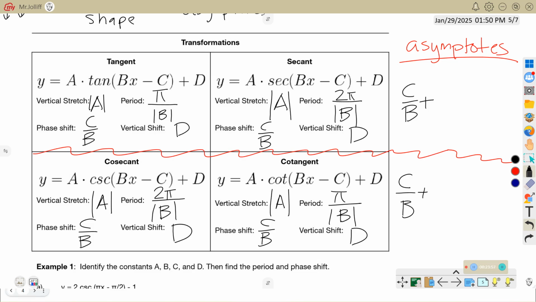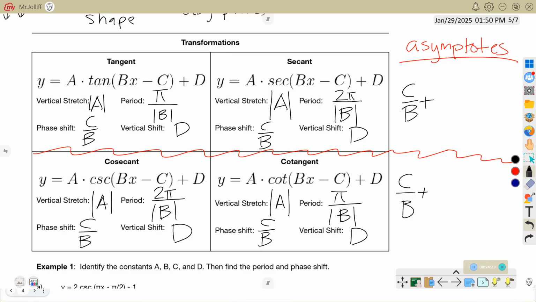The thing that comes after the horizontal shift is the original asymptotes divided by B. Tangent and secant had half pi asymptotes: pi over 2, 3 pi over 2, 5 pi over 2.